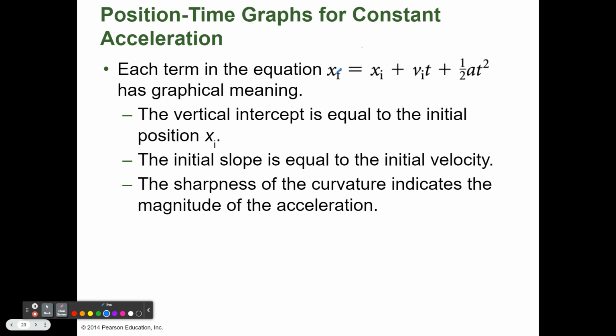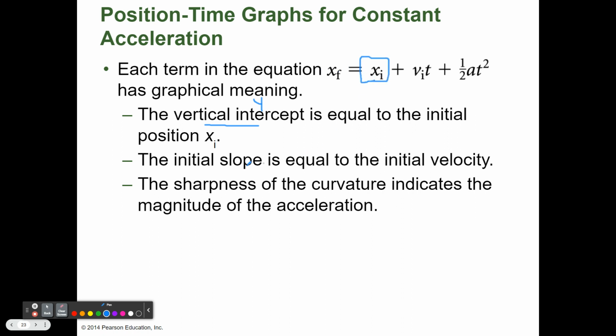So all we did is we just combined the position versus time graphs that we already know and the velocity versus time graphs that we have already used. So the final position is equal to its initial position plus its initial velocity times time plus 1/2 at squared.